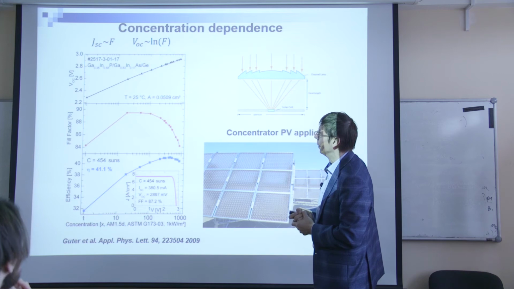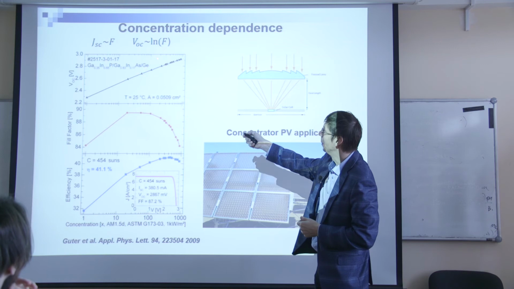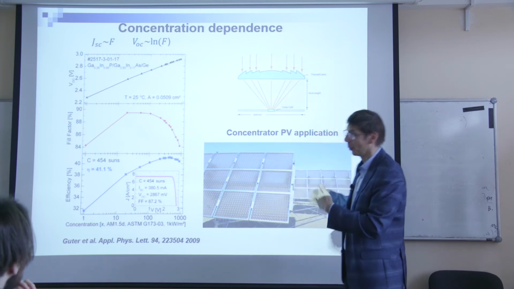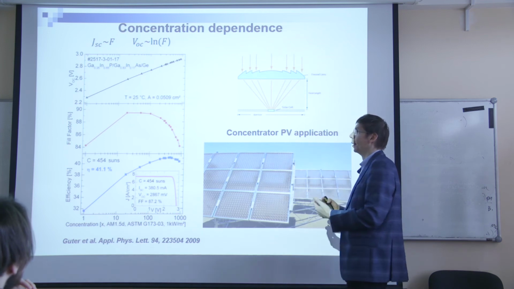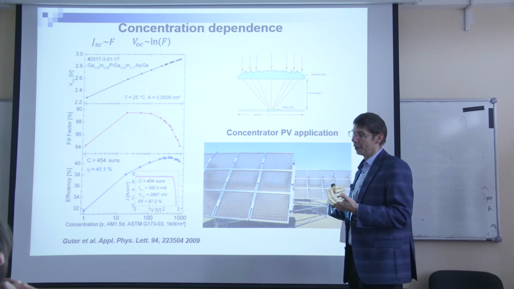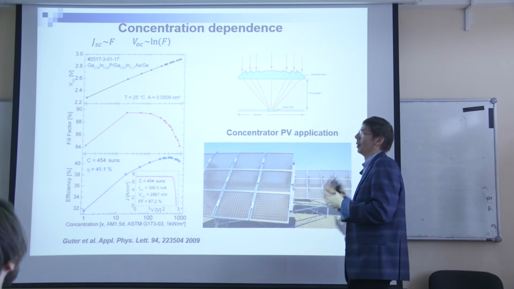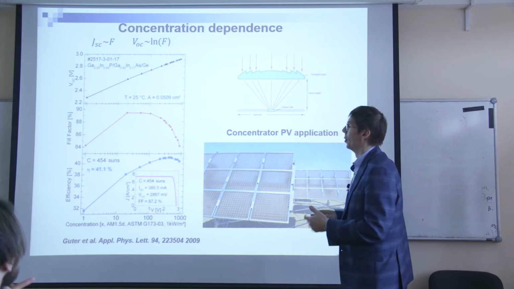And VOC has a logarithmic dependence on short circuit current, because actually it comes from the ideal IV formula, from the exponential behavior of the current on the voltage.